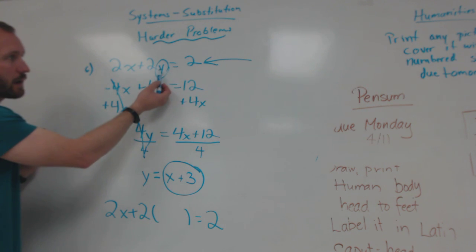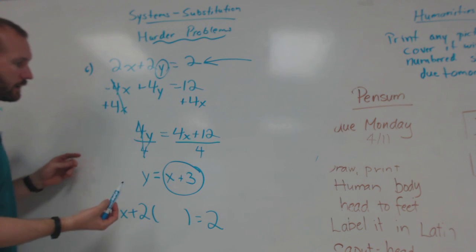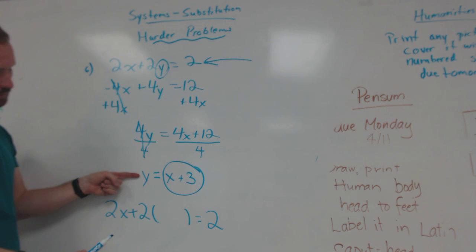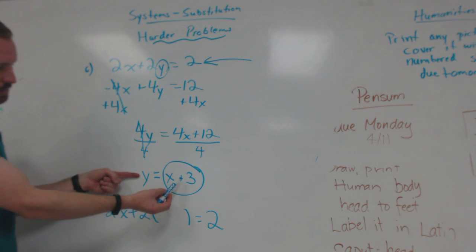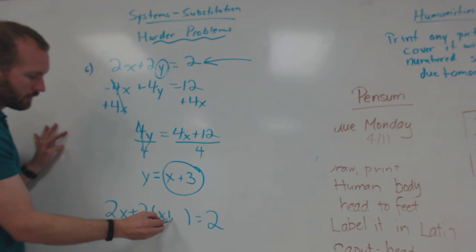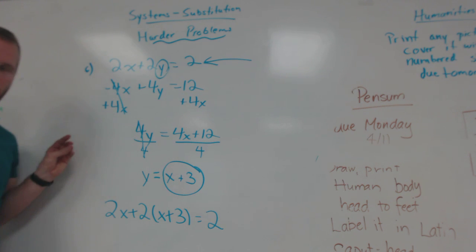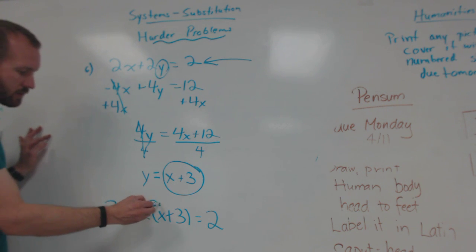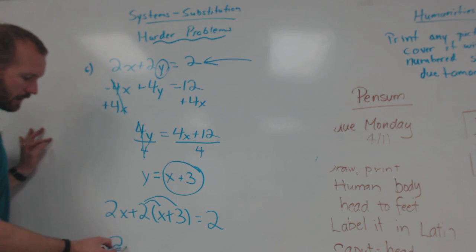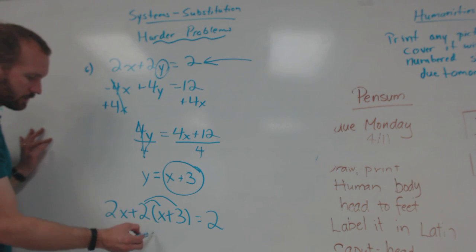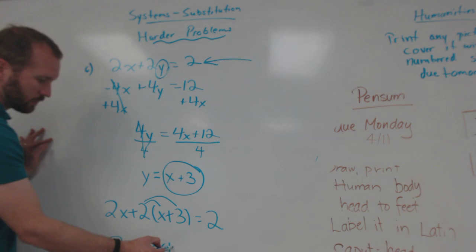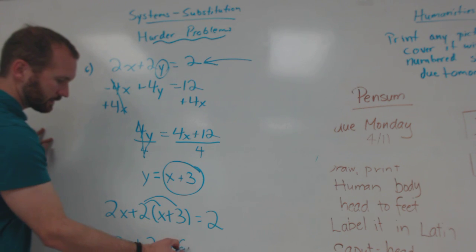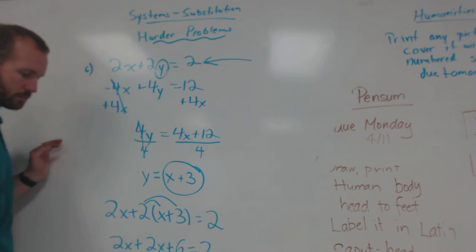As I'm reading through that, I just put parentheses where I had the y. Now I go back to see what y equals. Y equals x plus 3. Let's put that inside those parentheses. Okay. Now I need to use my distributive property. 2x plus 2x plus 6 equals 2.